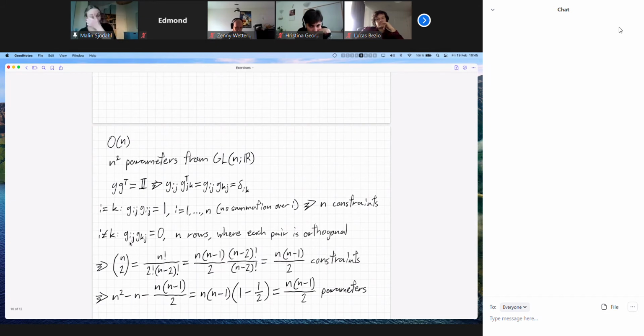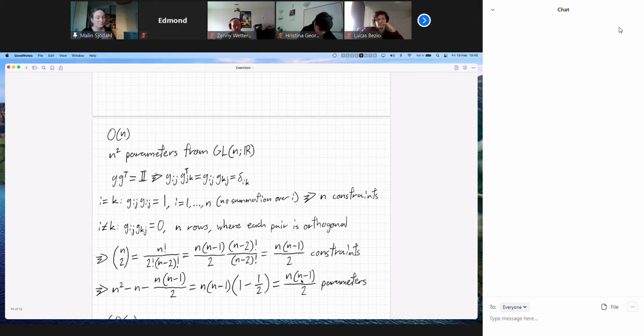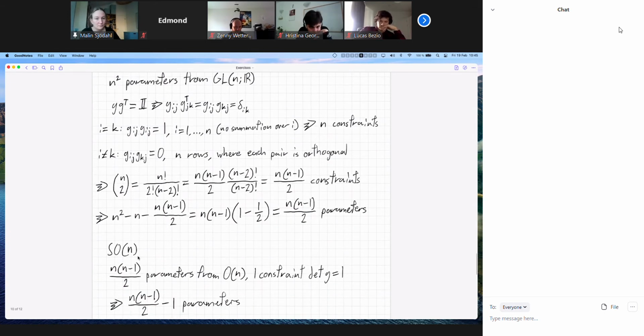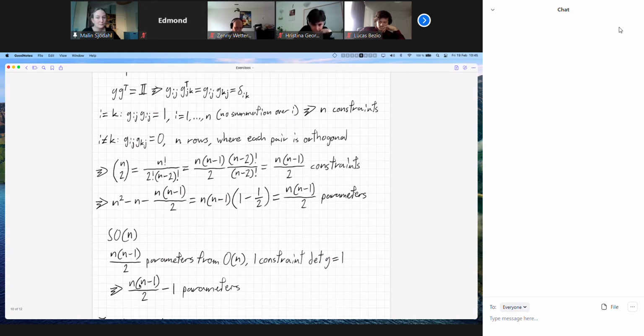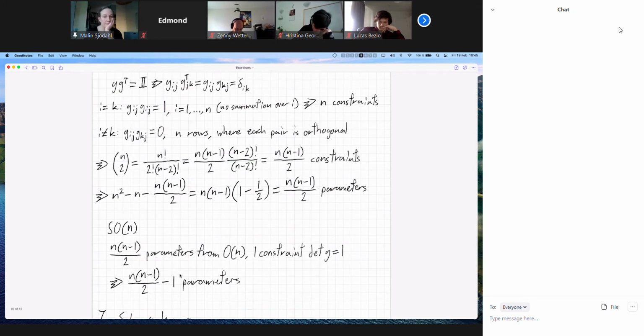Since the elements are real, we only get one of these, n times (n minus 1) over 2 constraints. If we subtract them, we get n times (n minus 1) over 2 parameters. For the special orthogonal group, we only have an extra constraint with the determinant, so we get n times (n minus 1) over 2 minus 1 parameters.